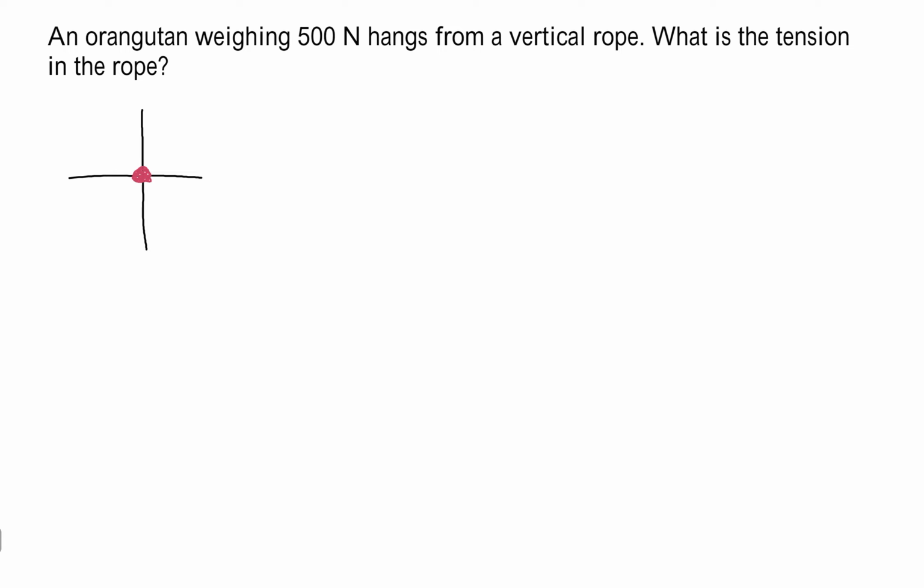Now, what is acting on this free body? Well, for sure, it has a weight down, and we have the weight. Now, this thing is in static equilibrium, so that means there is going to be another force up, and that's going to be the rope tension.